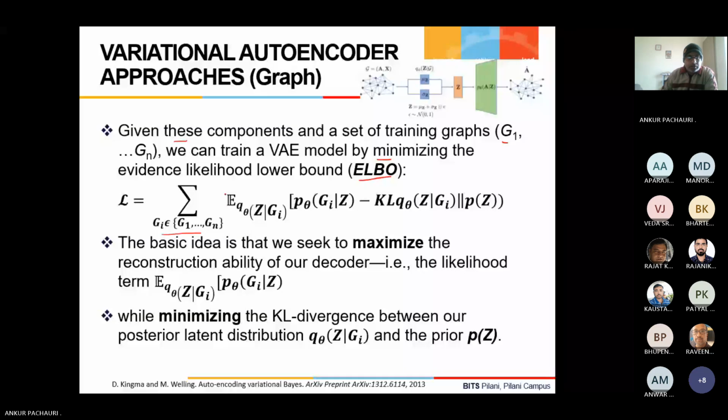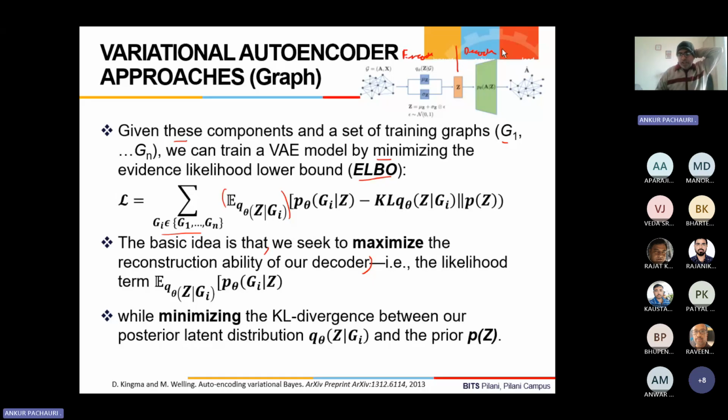Now, what is the function? The basic idea is that we seek to maximize the reconstruction ability of the decoder. This is the encoder, this is the decoder.